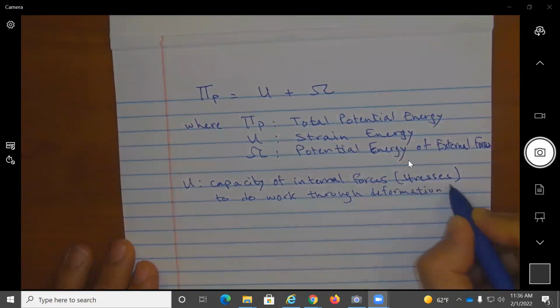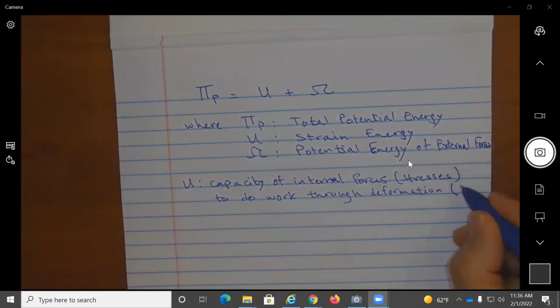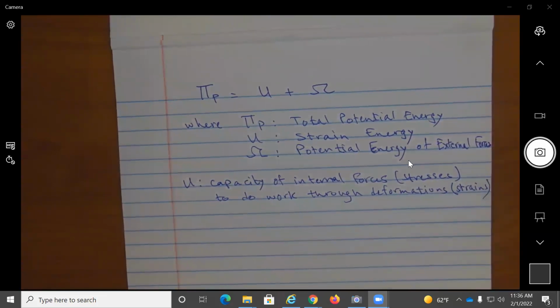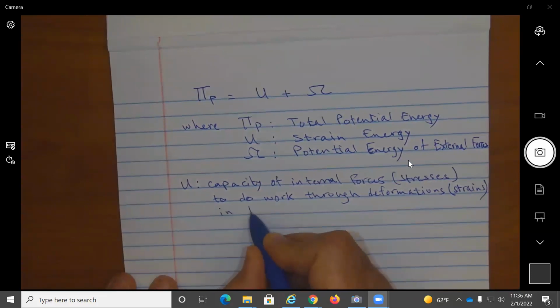Or if I'm looking at stresses, I will be looking at strains. So these are deformations and strains in the structure.